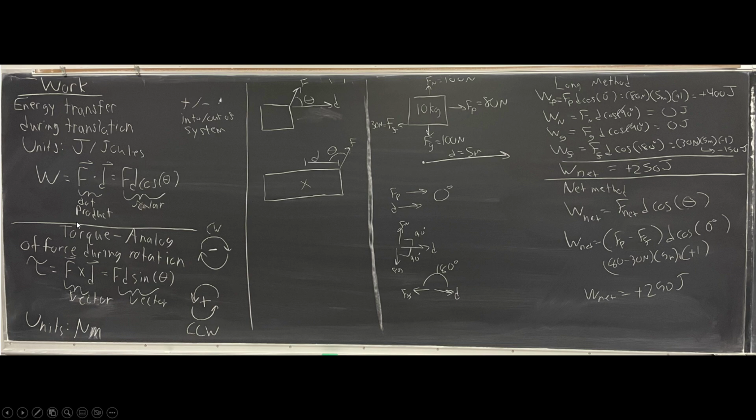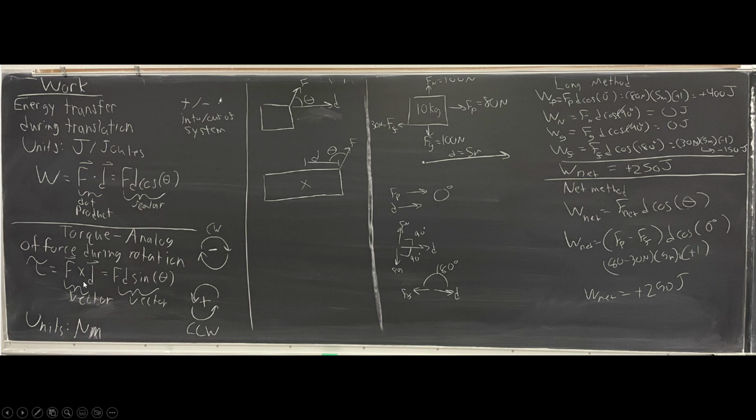Now, that's not to get confused with torque. Torque is the analog of force during rotation, where force is moving something through translation in straight lines. Torque is moving something in rotation. It is actually a vector because we'll take force times the cross product of our distance vector.